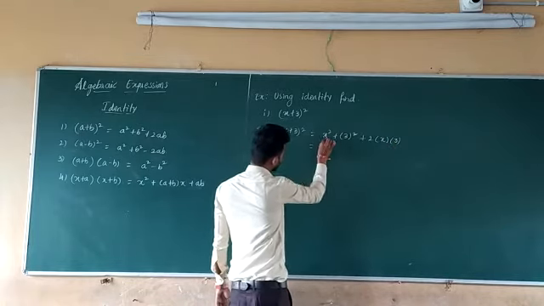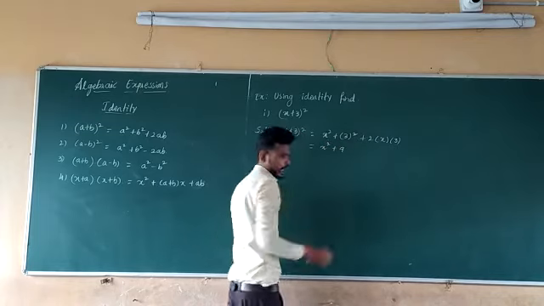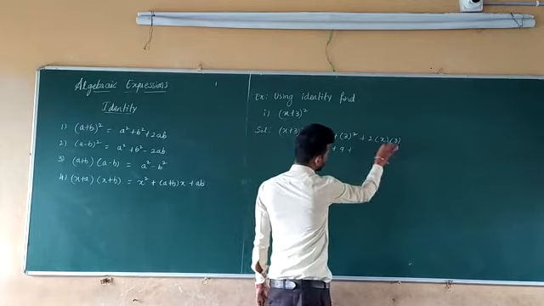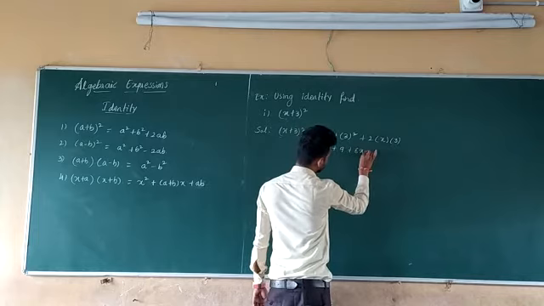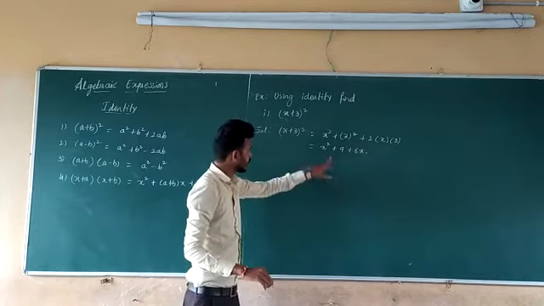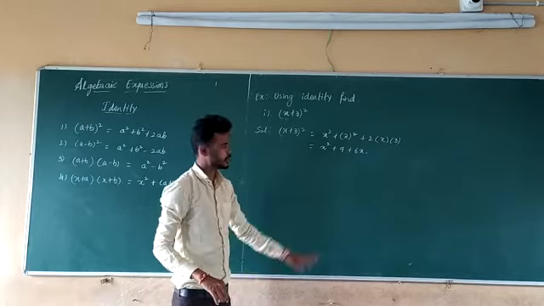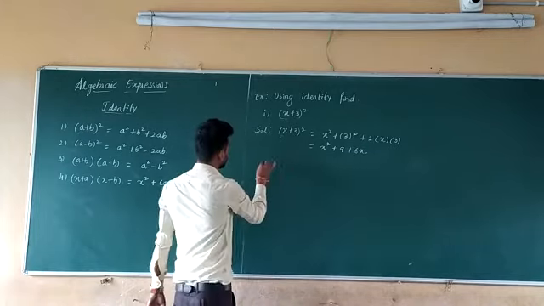So it equals x square plus 3 square which is 9, plus 2 into 3 which is 6, 6 into x, 6x. Therefore the answer is x square plus 9 plus 6x. This is by using the first identity. Let us take the second one.